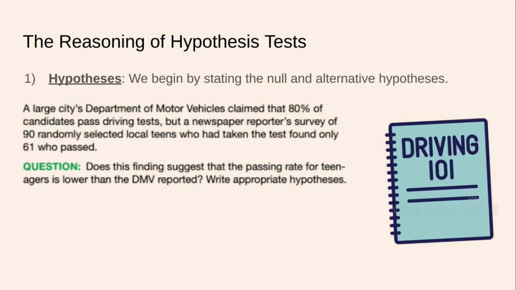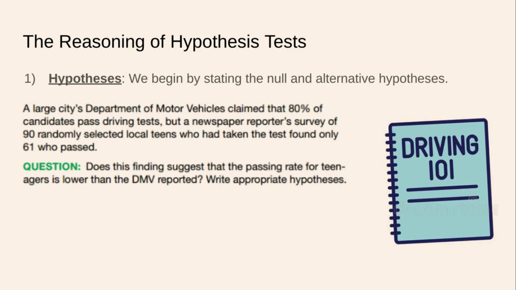A large city's DMV claims that 80% of candidates pass driving tests, but a newspaper reporter's survey of randomly selected local teens, 90 to be precise, who had taken the test found only 61 who passed, right? Now, 61 out of 90, with a little bit of rounding, you can confirm that that is just shy of 70%. That's a bit less than 80%.